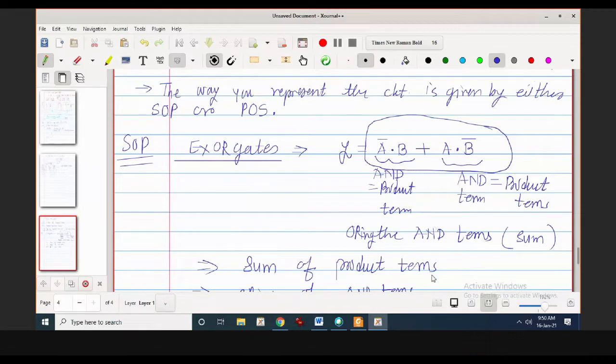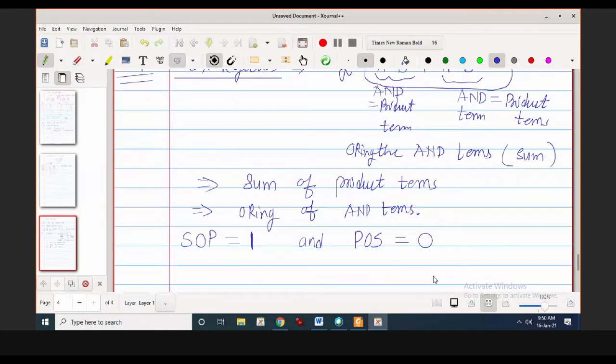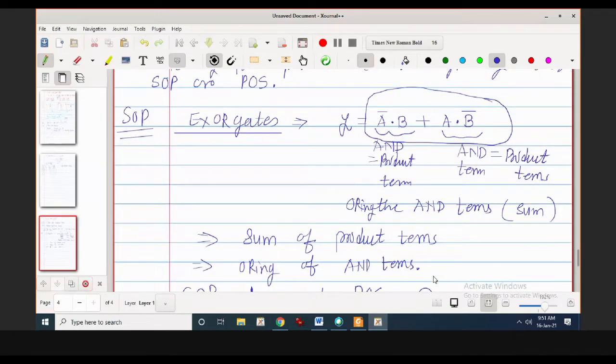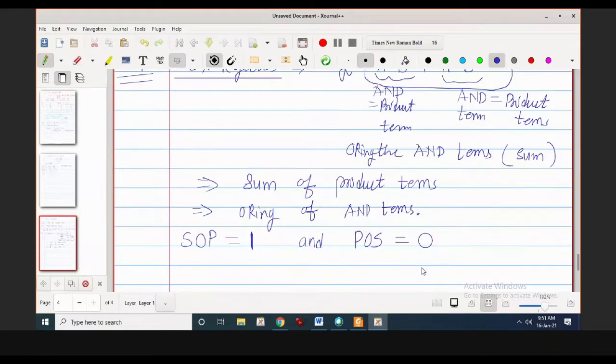I can very easily represent this in terms of POS also, because using De Morgan's theorems, since it is a dot term, we can represent it in terms of an OR term, and this entire OR term we can represent in terms of dot terms. That's why it is said that SOP and POS are dual of each other.